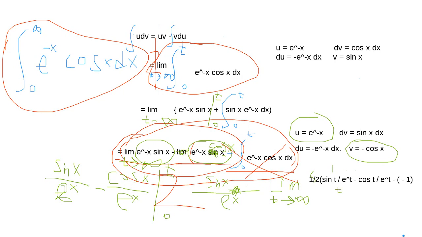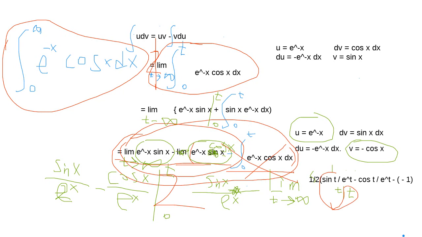So we want to manufacture a t in the denominator. So let's multiply by t over t. Then limit, so this part with the denominator of t goes to 1, right?